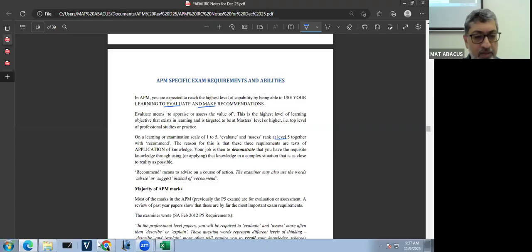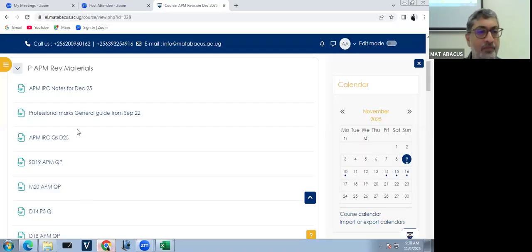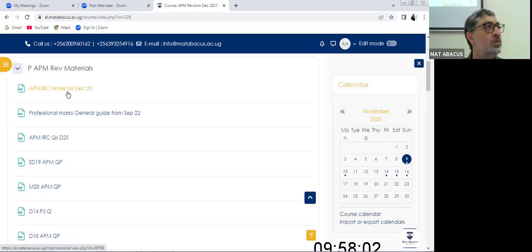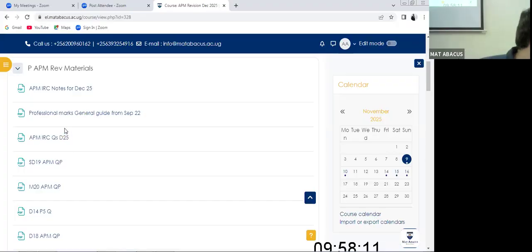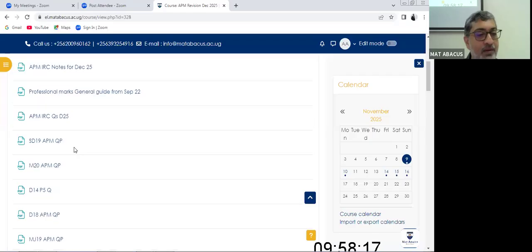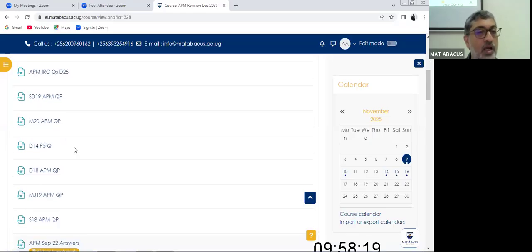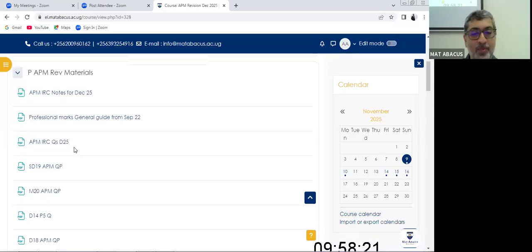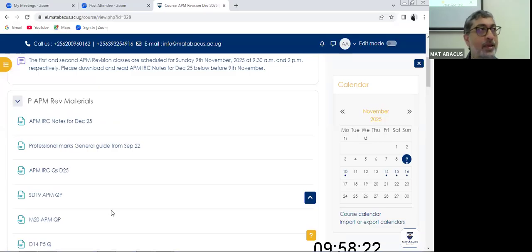In the LMS, I have put a set of revision notes, and then the professional marks and the questions. The first initial questions I've copied for you, so that you have less difficulty following what we are doing today and tomorrow. But the rest, whenever we need, you will have to download from the LMS, because we are supposed to be paperless.